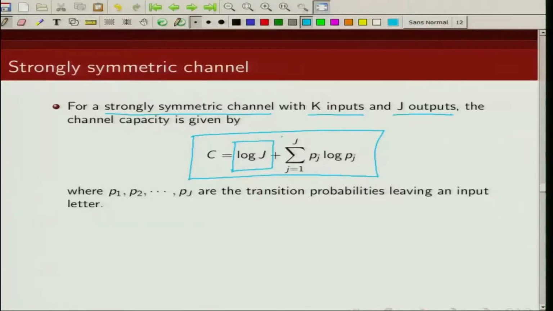And for a uniformly dispersive channel, we know that irrespective of the input distribution, h of y given x is given by minus of this quantity. So we know exactly the expression for capacity of a strongly symmetric channel.